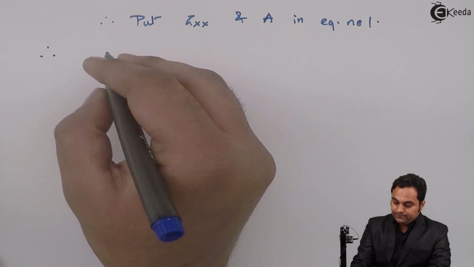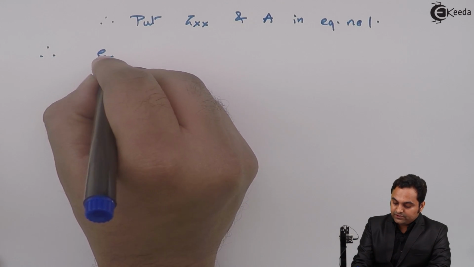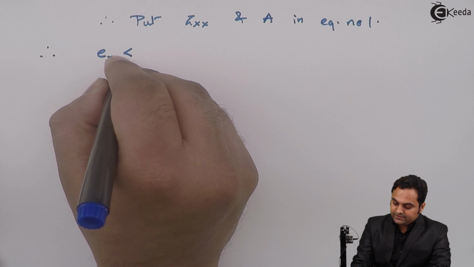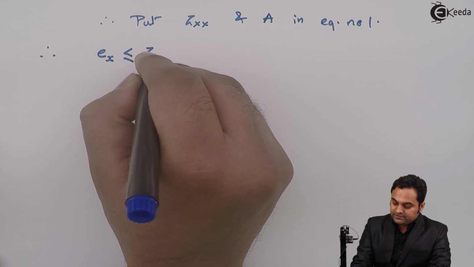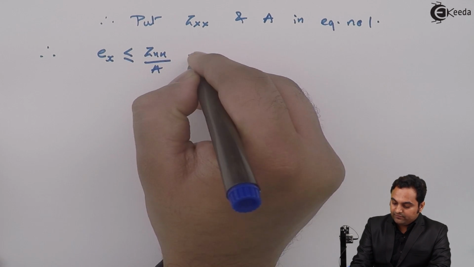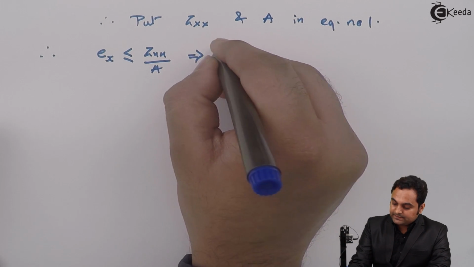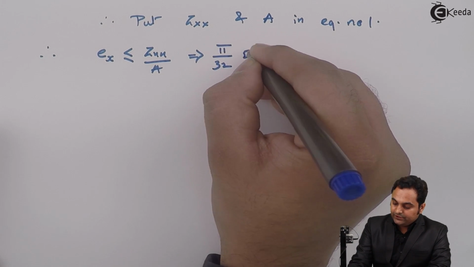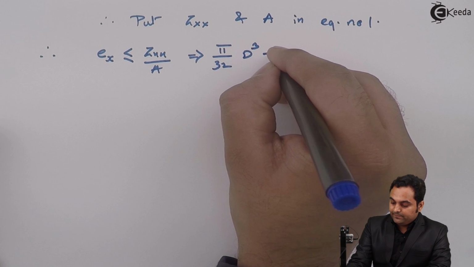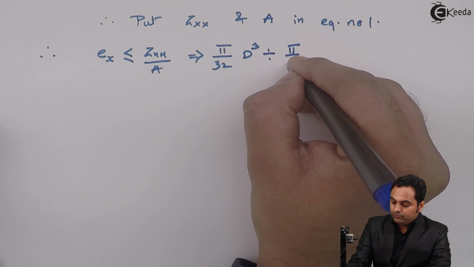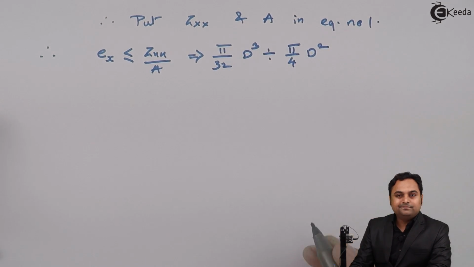So we have eccentricity Ex with respect to x less than or equal to Zxx upon area, and the values are Zxx pi by 32 D cube divided by area pi by 4 D square.